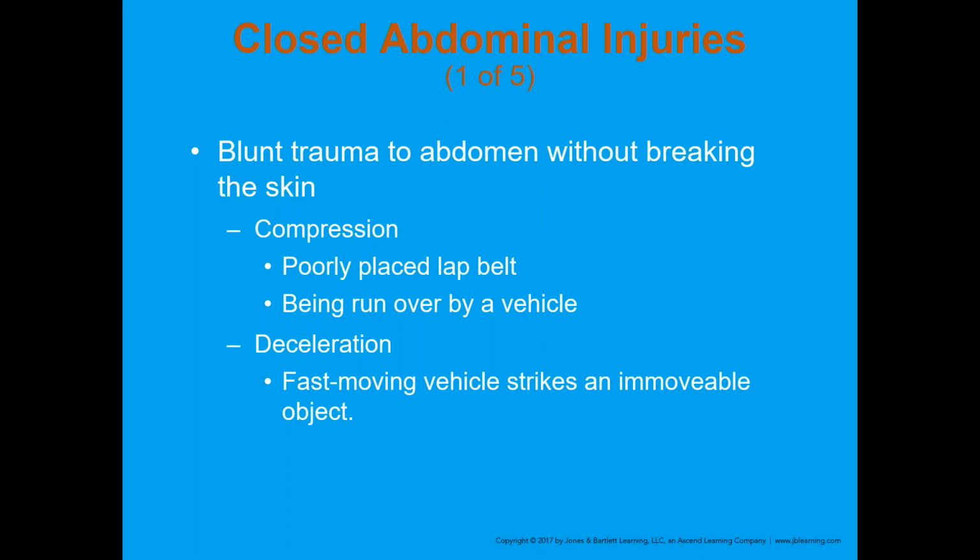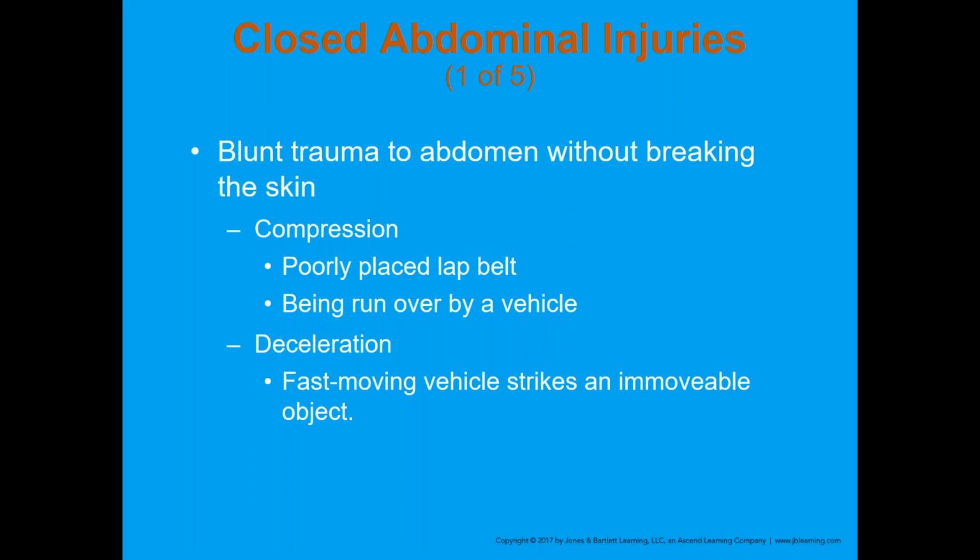When we have people who don't put their seatbelts on correctly, when we have people that are hit by motor vehicles, even in a motor vehicle collision where we have a patient who is properly restrained, that shoulder belt comes across the patient's abdomen. And depending on which side of the vehicle they're sitting on is going to depend where we will see that lap belt causing the most damage.